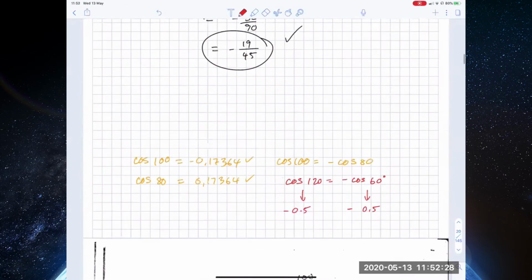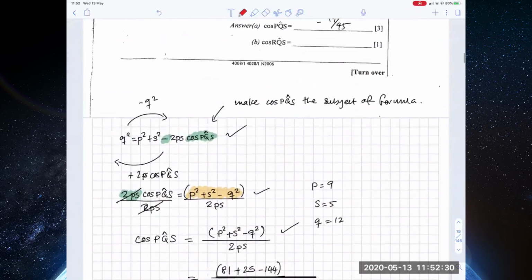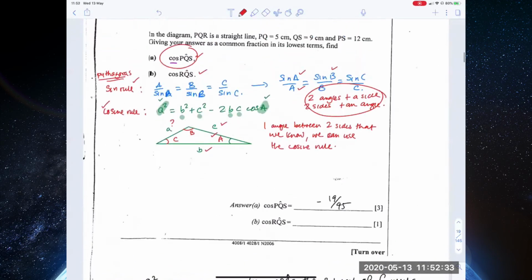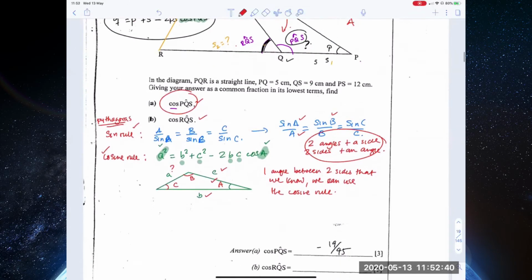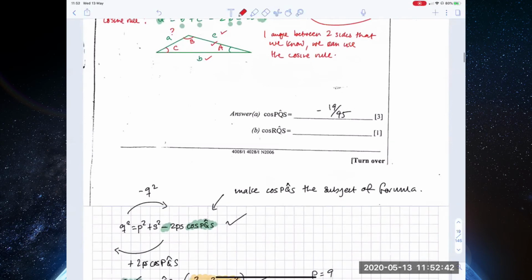Okay. So now we know that the cos of this angle is equal to minus cos of that angle, isn't it? So cos PQS is equal to minus cos RQS, which means this is just 19 over 45 because we just put a minus sign there.